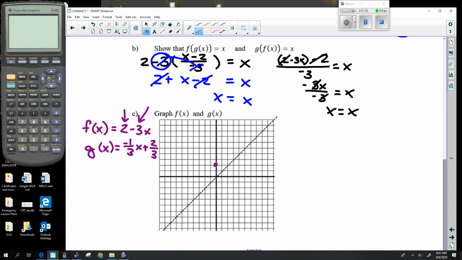For the other one, I have a y-intercept of 2/3 and a slope of negative 1 over 3.